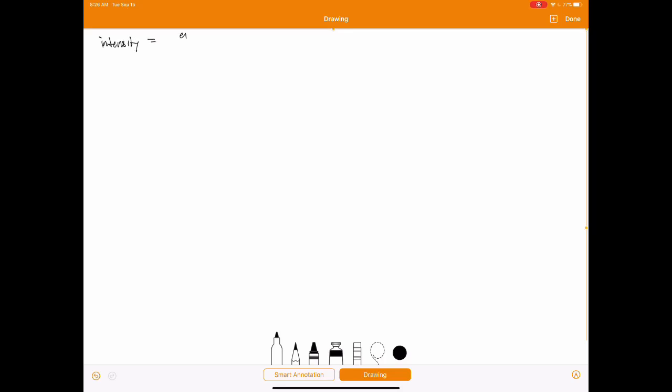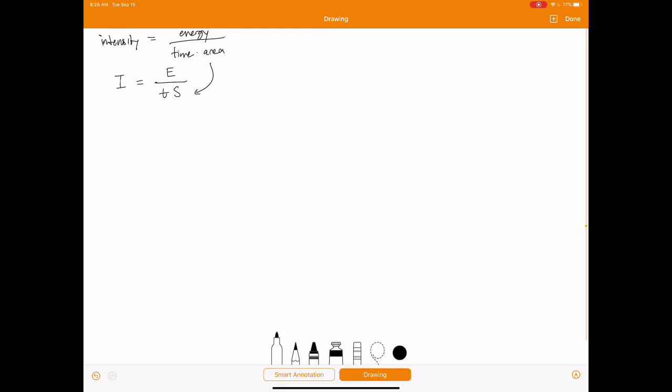Intensity is energy per unit time per area passing through our surface. Symbolically, intensity is given by capital I, energy given by E, time is T, and for the area, I'm going to call this S. Think of this as the area of our surface, okay?